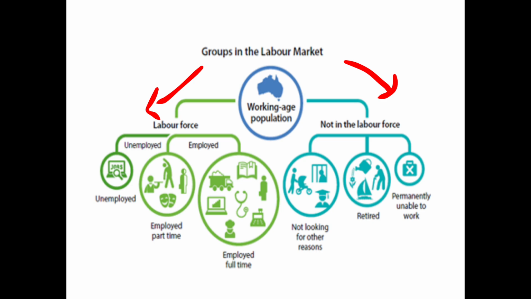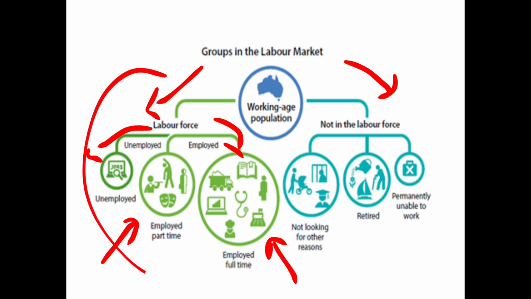What about the labor force? We have also two main categories, which are the unemployed and the employed. The unemployed include persons who are looking for a job but still haven't found one. The employed, we can also distinguish between two types: employed part-time and employed full-time. This is all that we call the workforce.